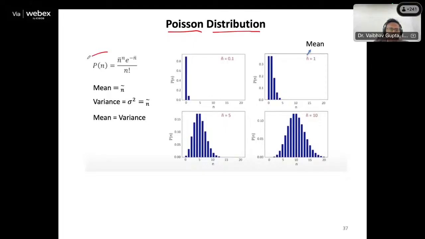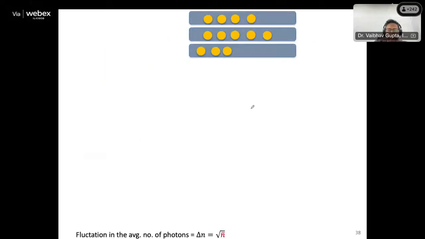This is how the formula looks for a Poissonian distribution. I told you there is a value mu, which is the mean, and a value sigma, which is the standard deviation, and sigma squared is the variance. If the variance is equal to the mean, then you call this kind of distribution a Poissonian distribution. This is the typical characteristic of a Poissonian distribution.